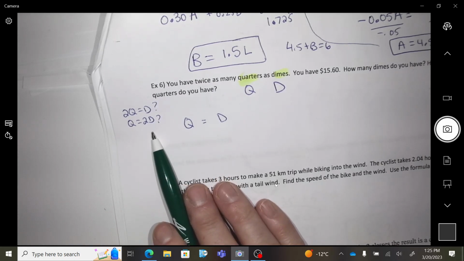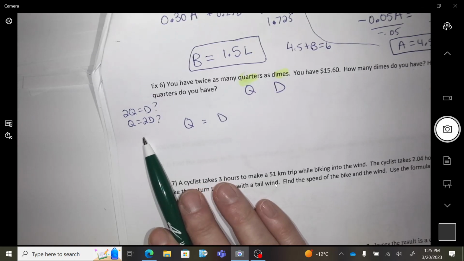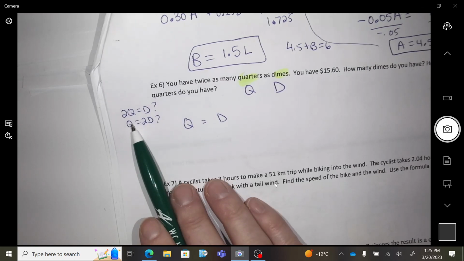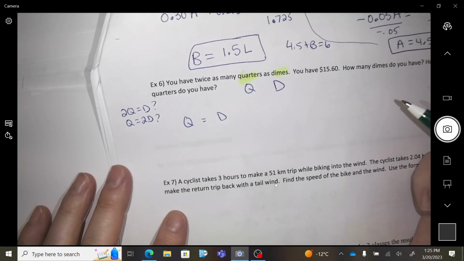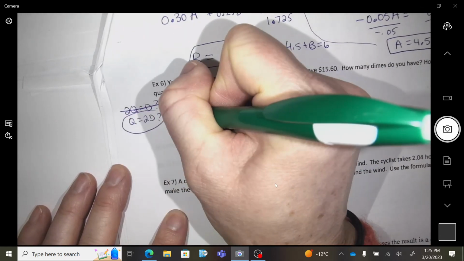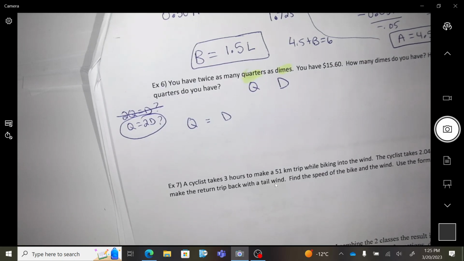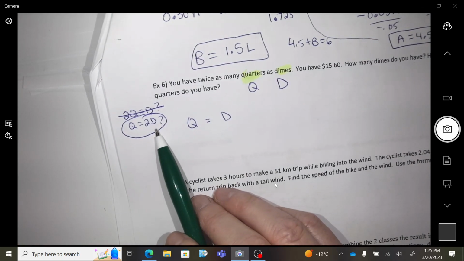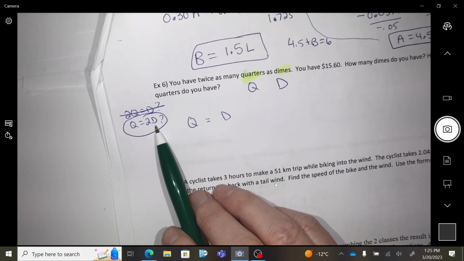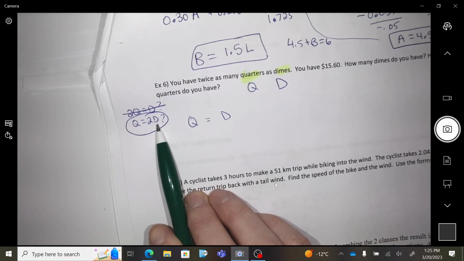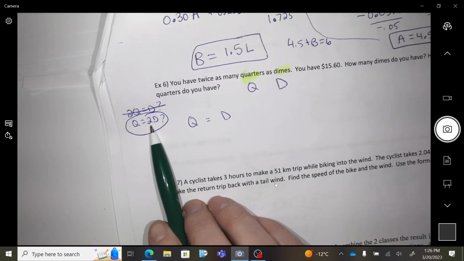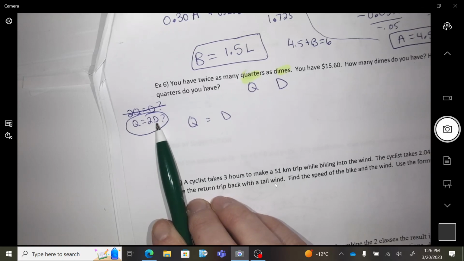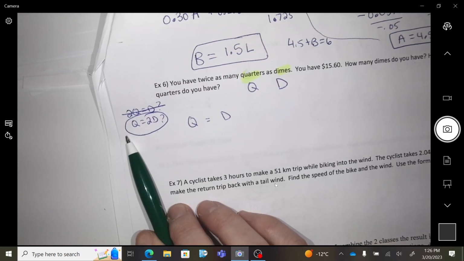What I would suggest is plug in a number. How many, do you think it's number 1 or number 2? Number 2. That doesn't make sense. Plug in a number for dimes. If you have 10 dimes, if you plug in a 10, how many quarters would you get? 20. 2 times the number of dimes you have makes the number of quarters.